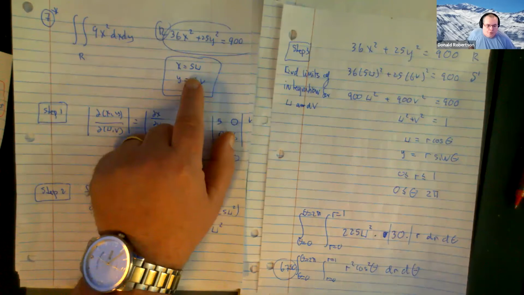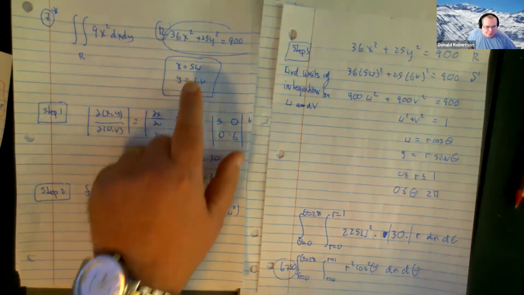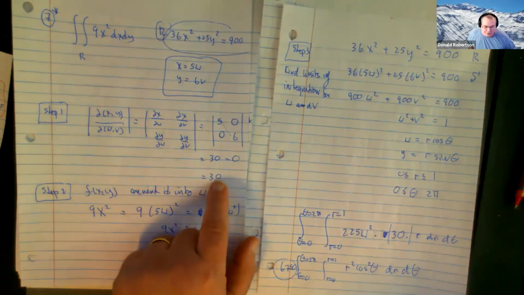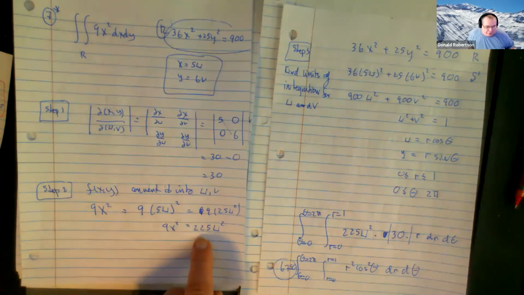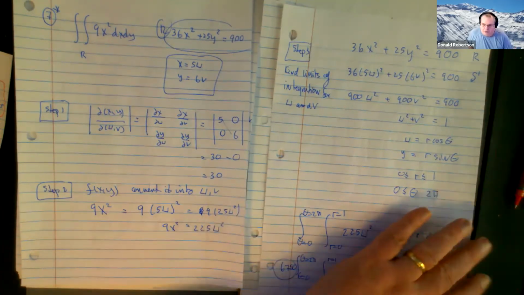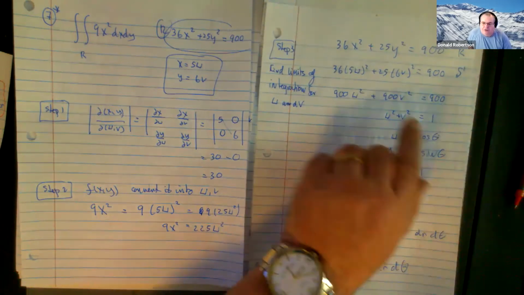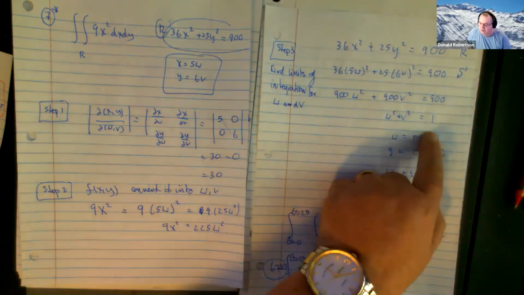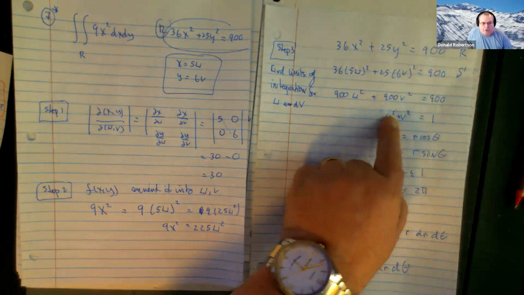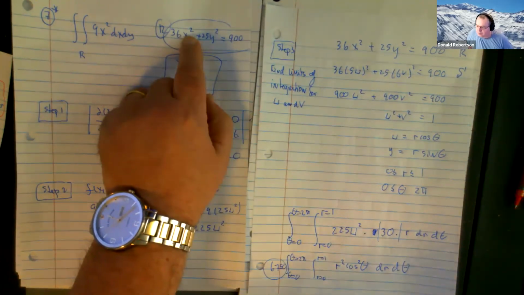So we're told to use this changing variable. We got a Jacobian, which is basically 30. We converted the function into u's, and we converted the ellipse into something in terms of u and v, and it ended up being a circle. But a circle's a lot easier to deal with than an ellipse ever would be, right?